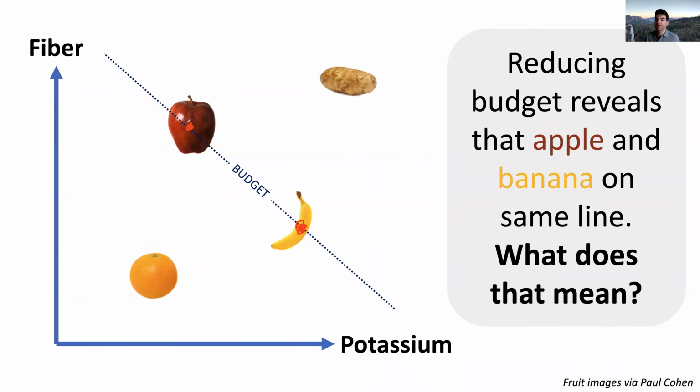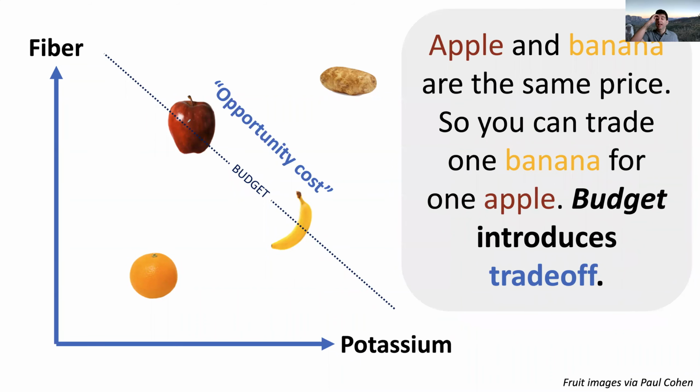After that, I have no money left over. So this kind of highlights, and this is, I think, the other answer we got here about choosing, one substituting for the other. Budgets introduce what we call opportunity cost. If I buy a banana, I'm not able to buy an apple because I don't have any money left. So it introduces a trade-off as well.